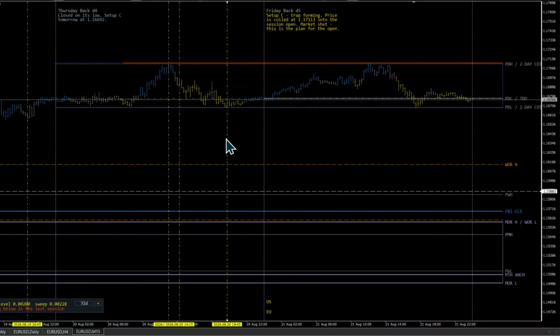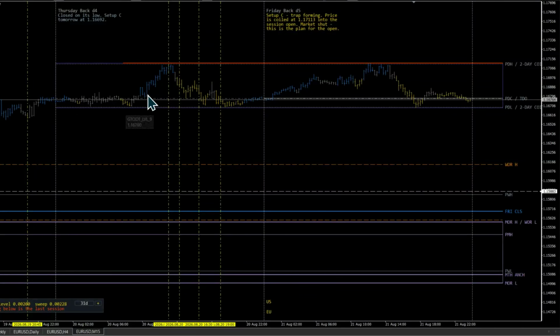4:35, 5:20 and 7 o'clock. This is your 7 o'clock. And then we had 4:30. Let's see where 4:30 is. 4:30 is there, so it's still pushing down into that support. And 5:20 should be right here.